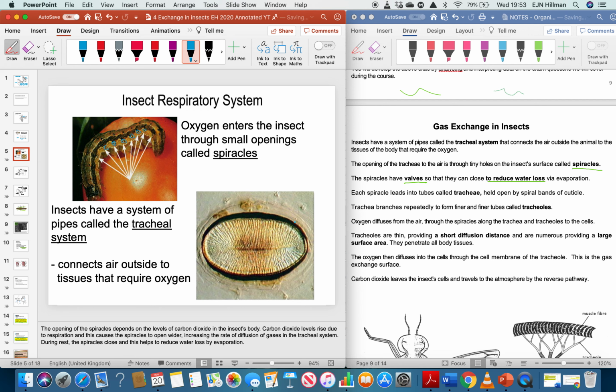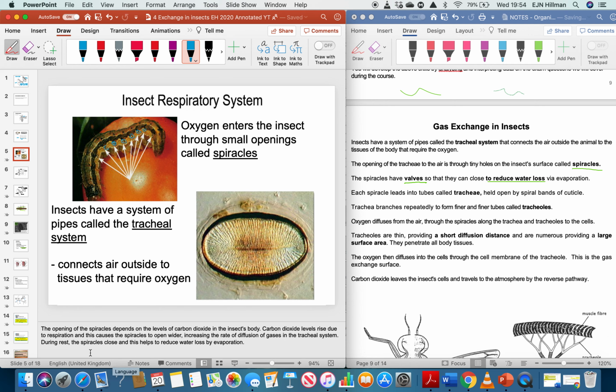Okay, so the spiracles can be opened and closed to allow for gas exchange when they're open and to prevent water loss when they are closed. The opening and closing of that spiracle depends on the levels of carbon dioxide inside the insect's body. So when the concentration of carbon dioxide increases, that causes the spiracles to open wider, and that increases the rate of diffusion of gases.